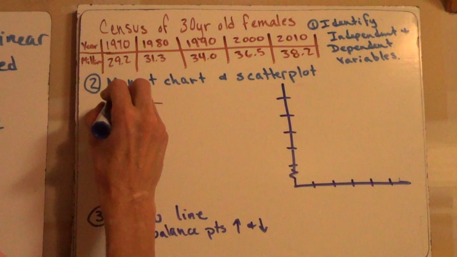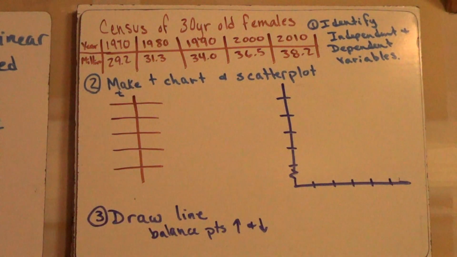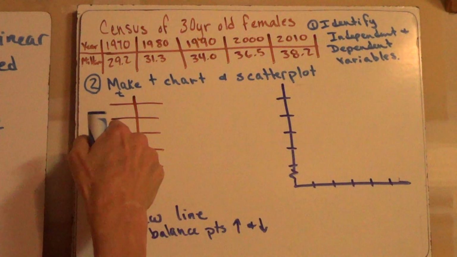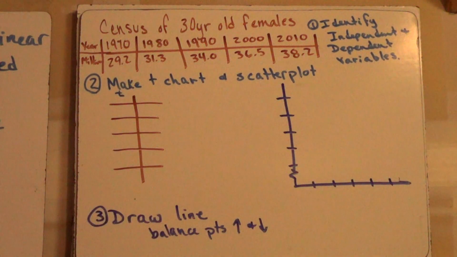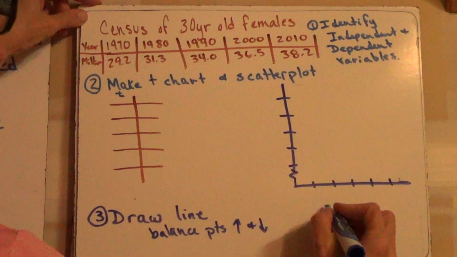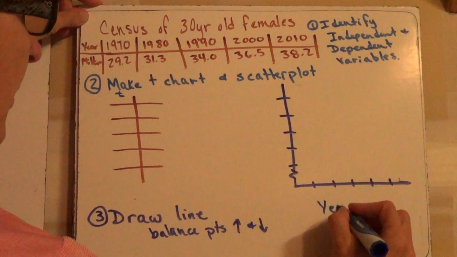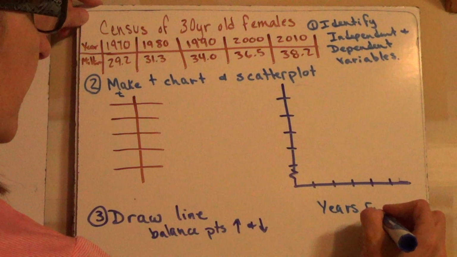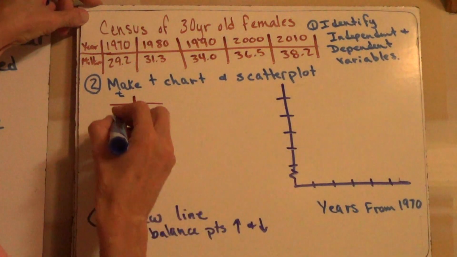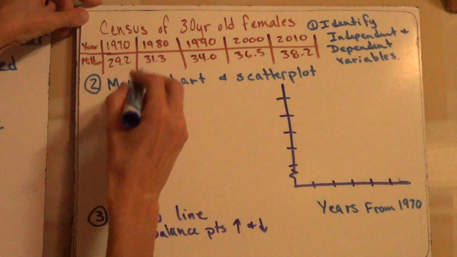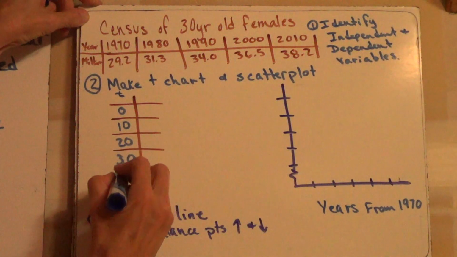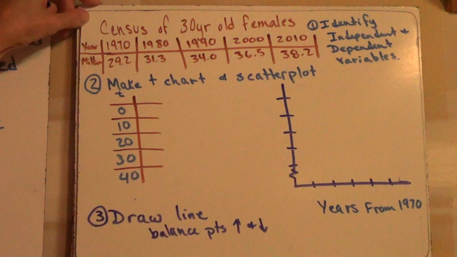So we could put T over here in our X column. Now, it's not going to make a lot of sense to write 1970, 1980. I think it's easiest to do these saying how many years from 1970. And we could list them as 0, 10, 20, 30, 40.